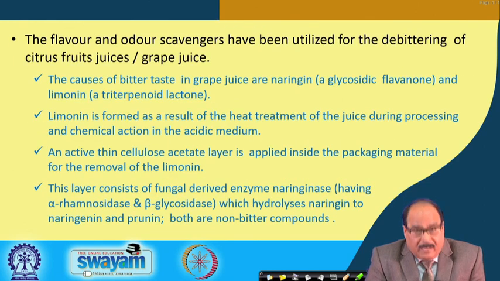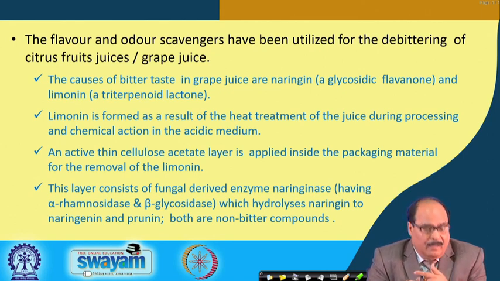Flavor and odor scavengers have been utilized for debittering of citrus fruit juices or grape juices, etc. If we take the example of grape juice, we find that the cause of the development of bitter taste in the grape juice is mainly two compounds, naringin and limonene.